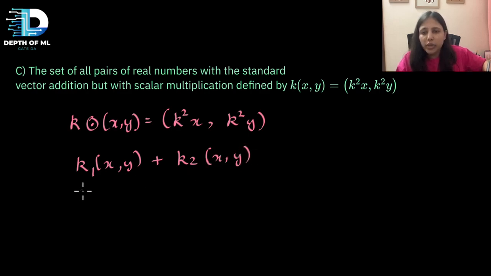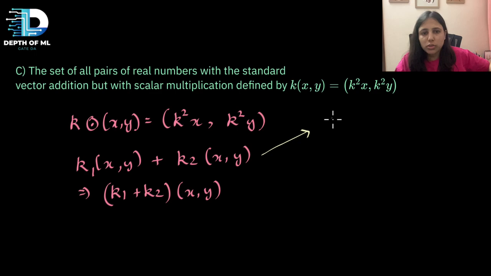Okay. So here this is nothing but (k1 plus k2)(x, y), right? Now I will do both of these sides and they should be equal. If they are not equal, it means the scalar multiplication is not defined well for a vector space.